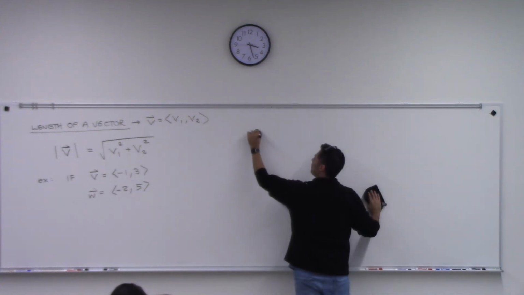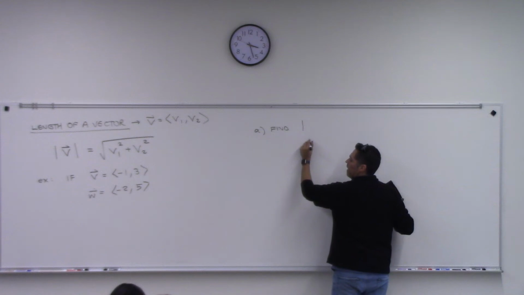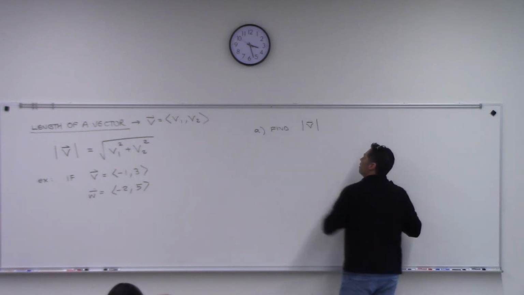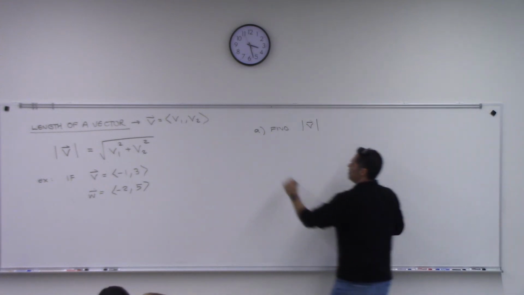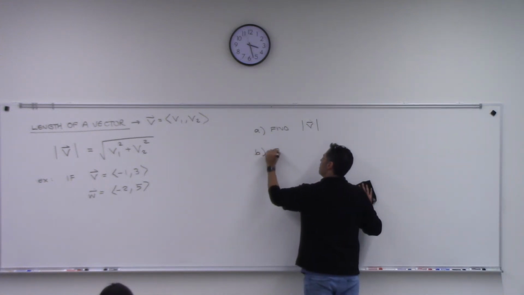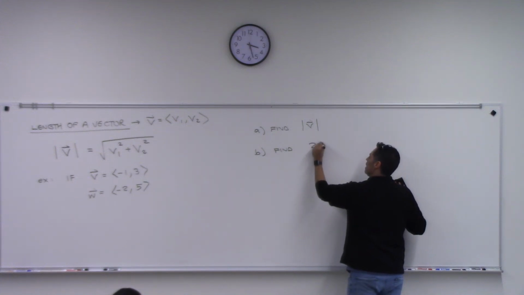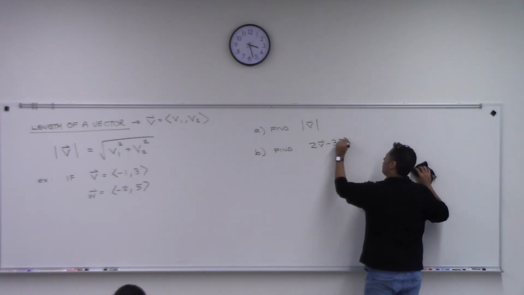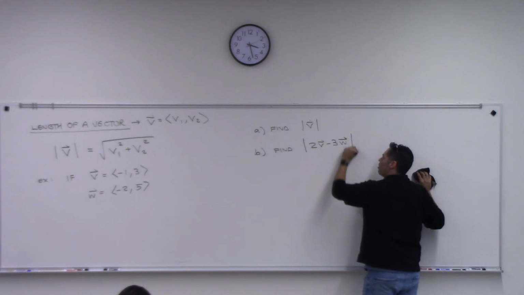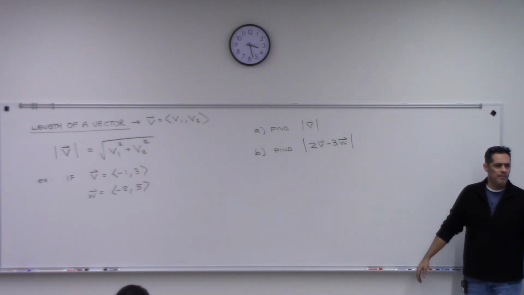First thing, find the magnitude of V, or the length of V. The second thing I want us to do is find 2 times V minus 3 times W, and I want to know how long that vector is. See what I'm asking you to do?